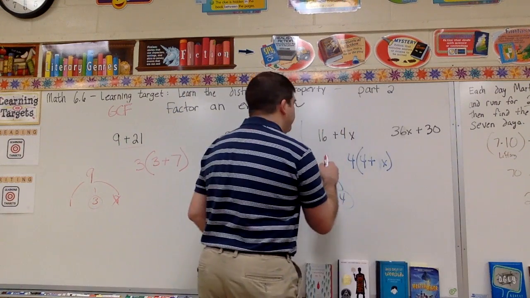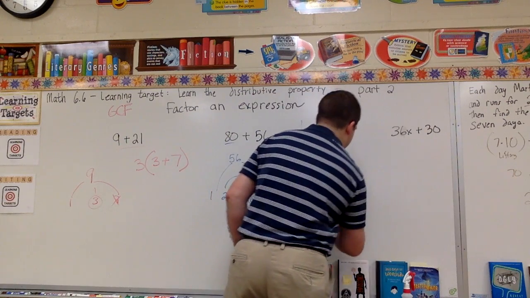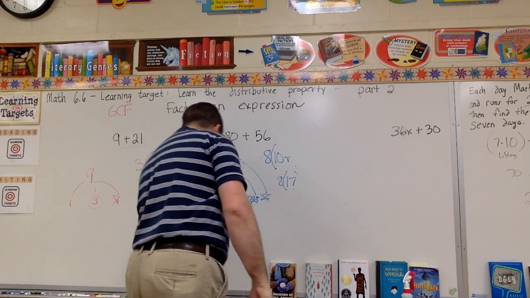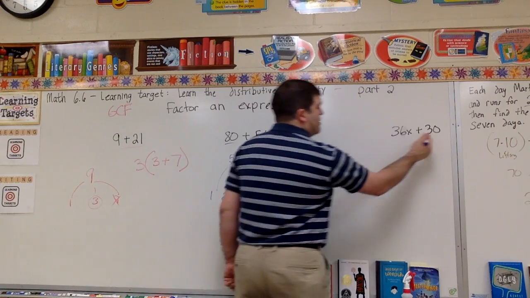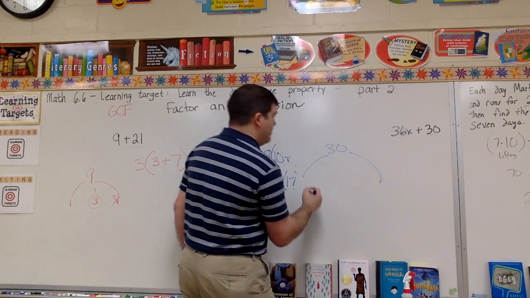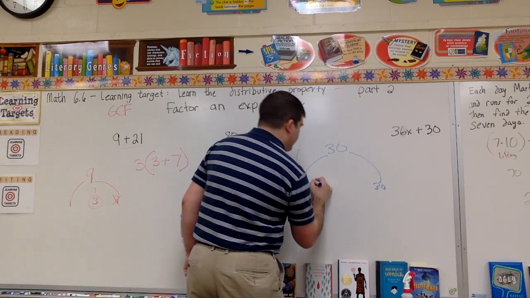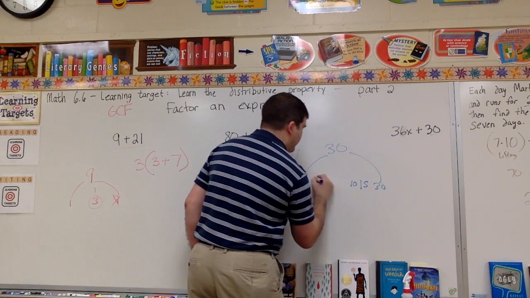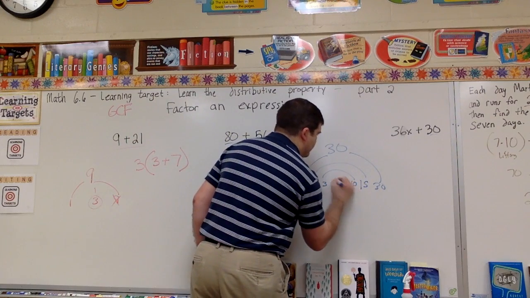Let's do one more. We have 36x plus 30. So I take my smaller number, 30, and I do my factors. 1, 30, 2, 15, 3, 10, 4, no, 5, 6.